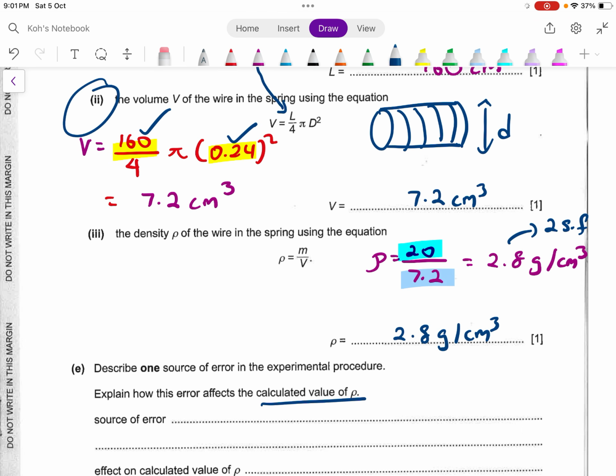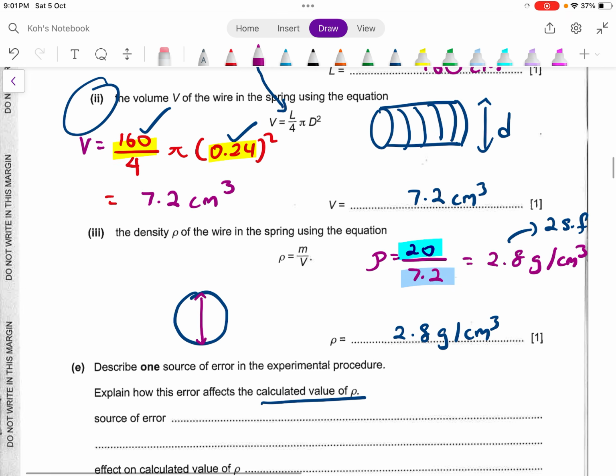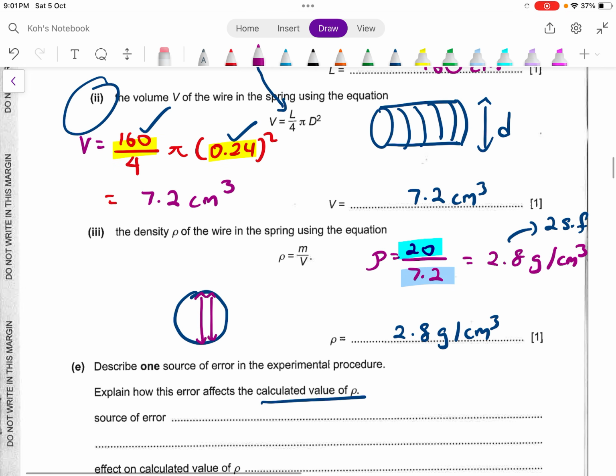So it's very hard to determine exactly where the diameter is. For example, I draw the cross-section of this spring. It's very hard to determine where exactly the diameter is. So it can be here, can also be here. So this will affect the result of the V, which will affect the result of the density of the wire in the spring.